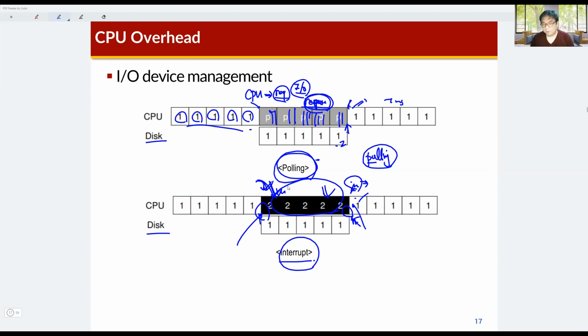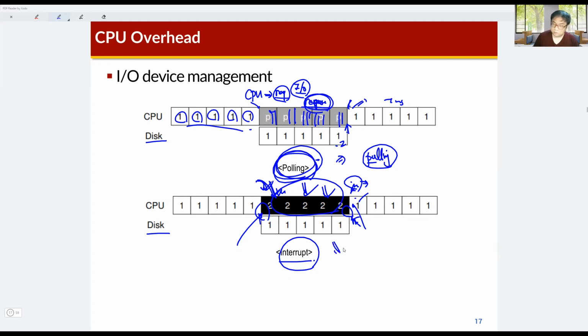And then the CPU does not need to check the status of the I/O devices. Okay, so actually for the polling-based control, the CPU needs to continuously check the status of the I/O devices. So that means that the CPU resources are wasted checking the status of the other I/O devices. So that is the disadvantage of the polling-based control.